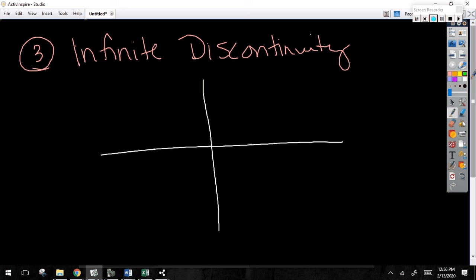It's an invisible boundary, and it's usually written as a line that the graph gets really close to, but it never actually touches. So that one we did before that was 1 over x that looked like this, right? There's an asymptote right here.